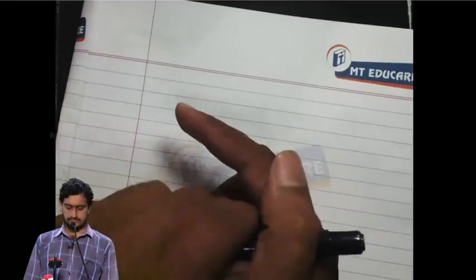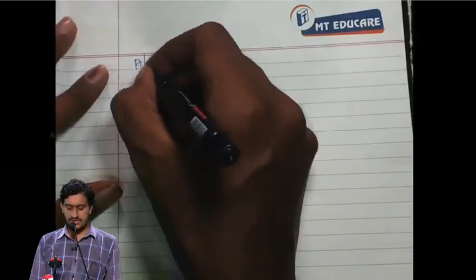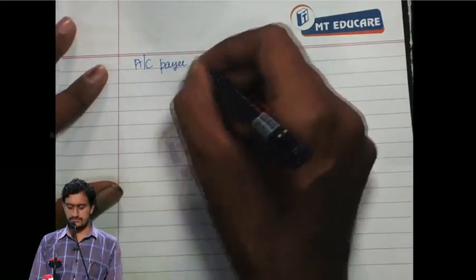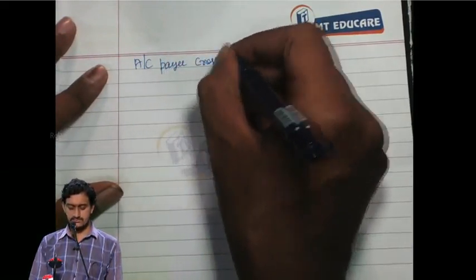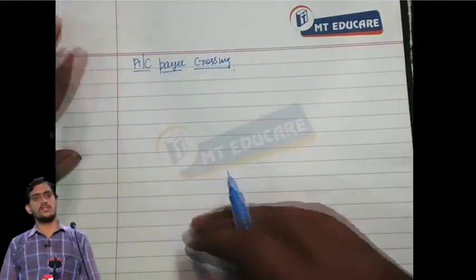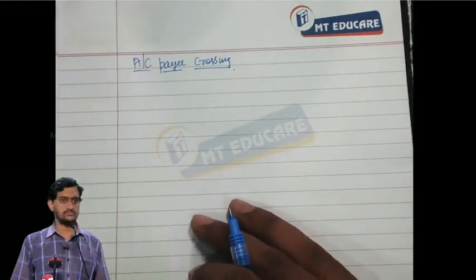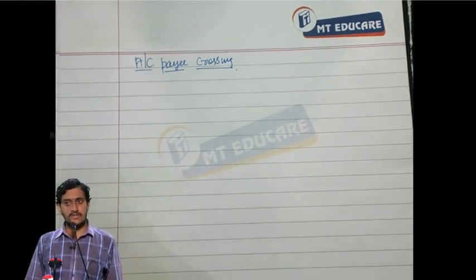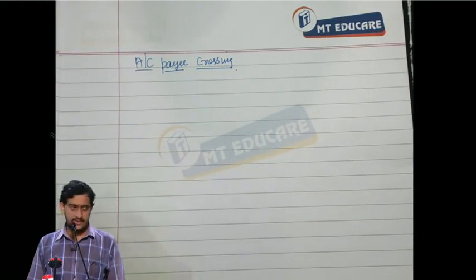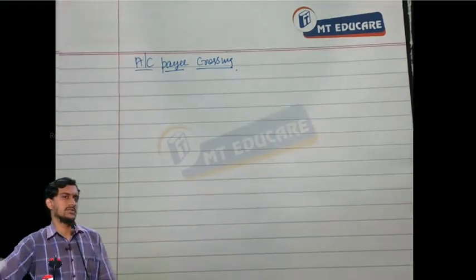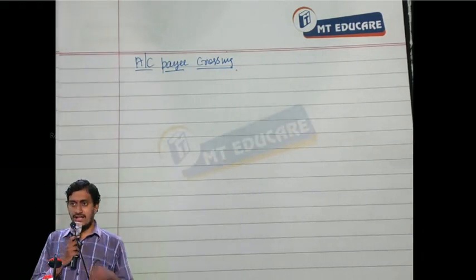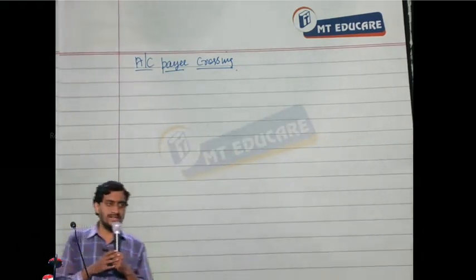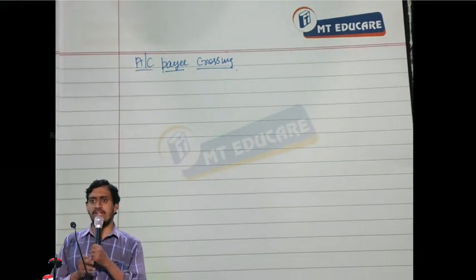The last of the crossings is the account payee crossing. What happens in an account payee crossing? In a general crossing, who is giving instruction to whom?